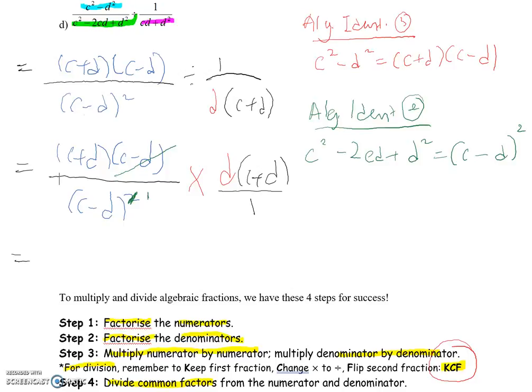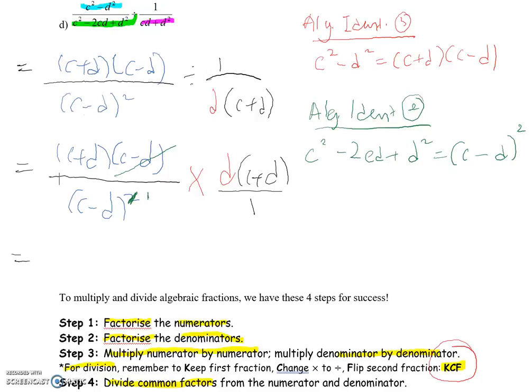Let us check if there are any other common factors that can be divided from the numerator and the denominator. Since there isn't any, now we can actually multiply the numerator together and the denominator together.